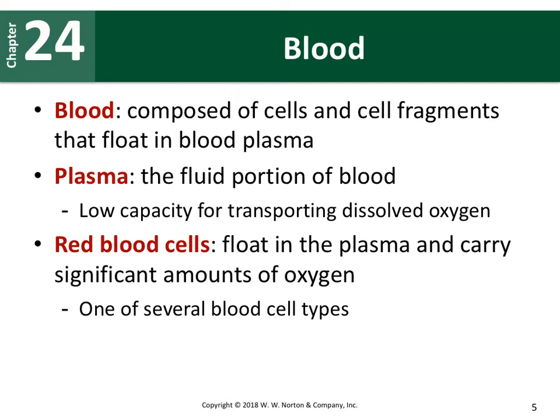And the plasma is the fluid portion, right? So it has low capacity for transporting dissolved oxygen, but it does carry dissolved carbon dioxide out. And then blood cells float in the plasma and carry the oxygen in hemoglobin. Okay.